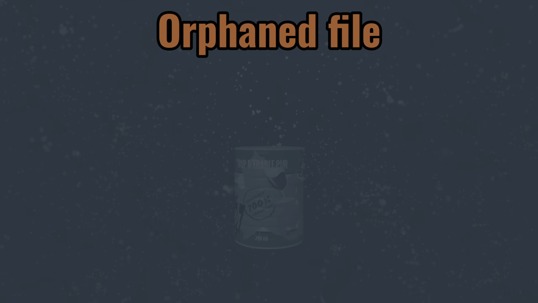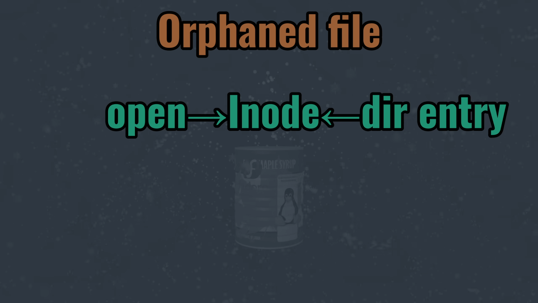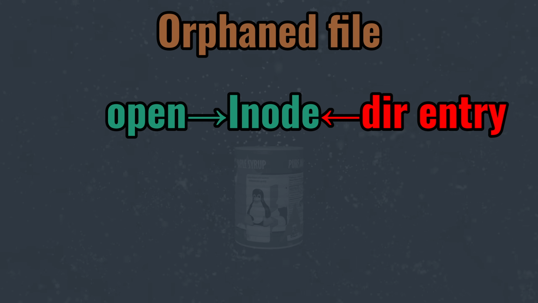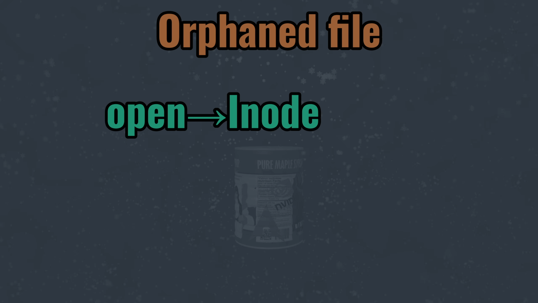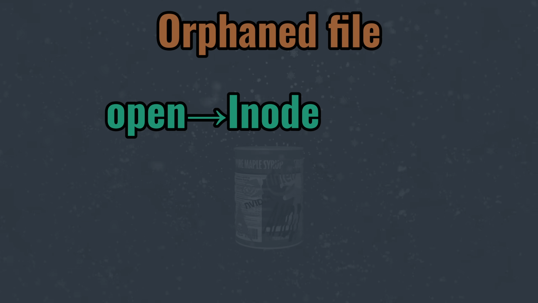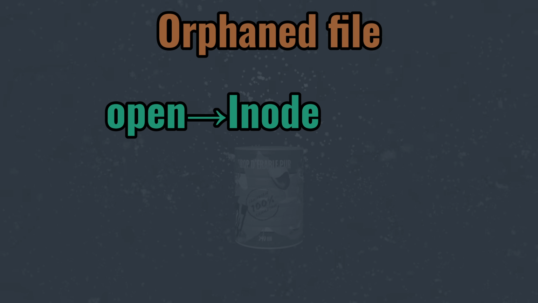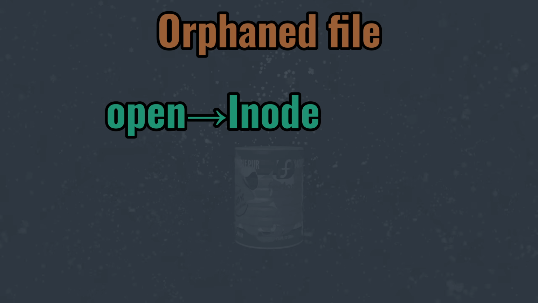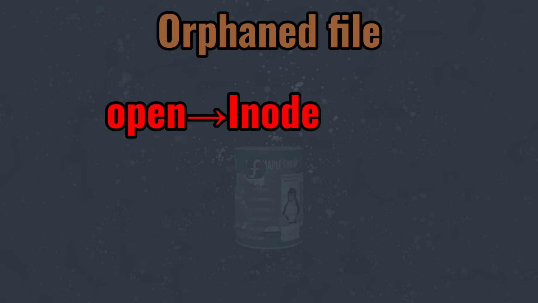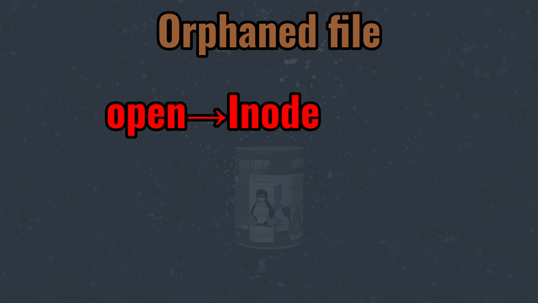That cuts down on the recovery time a lot. Now the second thing that it solves is the orphaned file problem. You can have a weird situation where you have an inode that is open, but the directory that it's in gets deleted. Now what that does is that you just have an inode that doesn't have anything pointing to it. If you close your program, of course that inode will get deleted, or if you unmount the partition, the inode will get deleted.